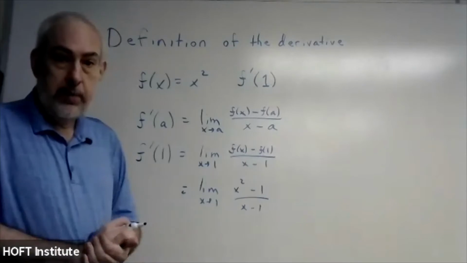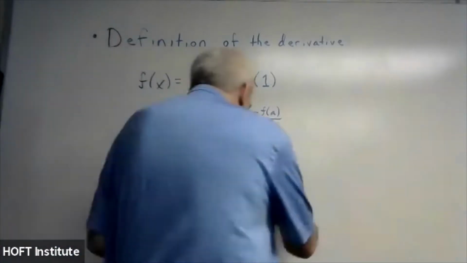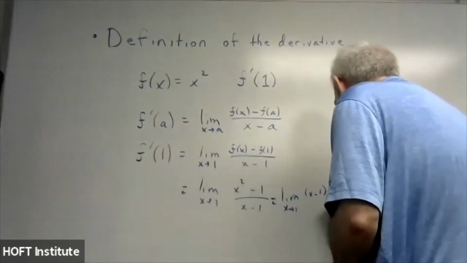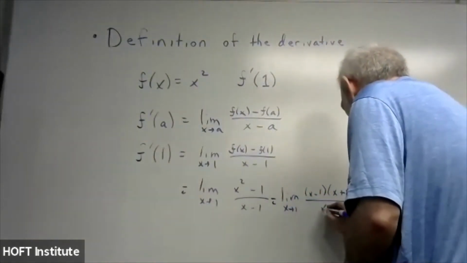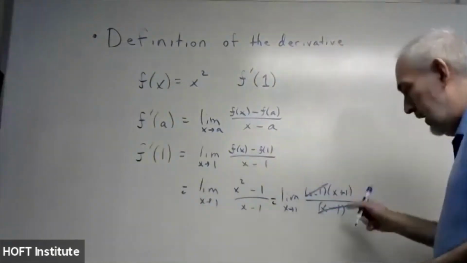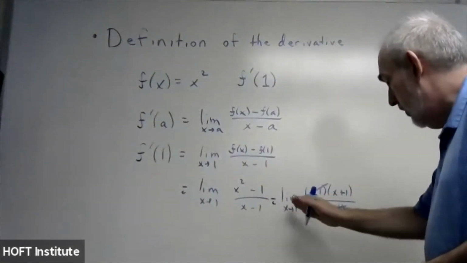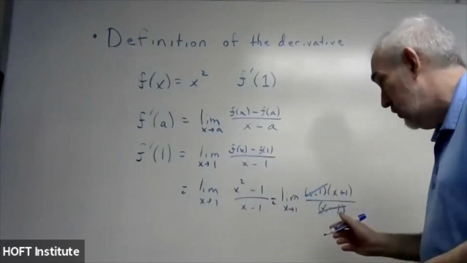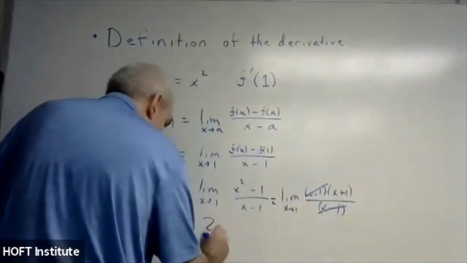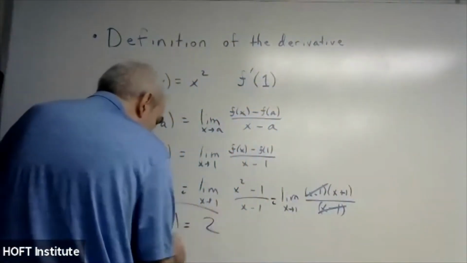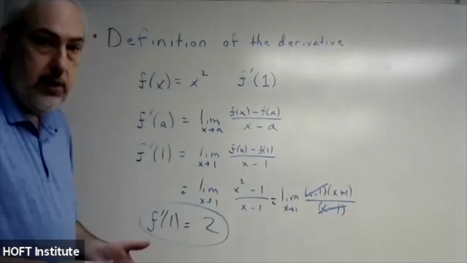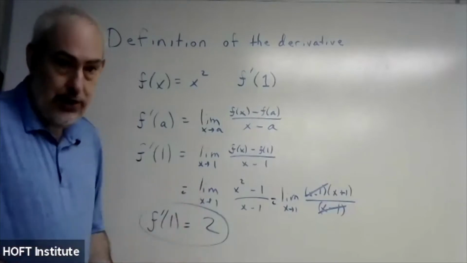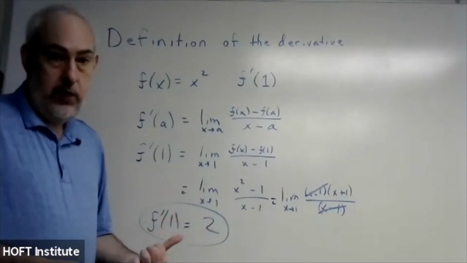Then you can cancel the x minus 1 on the top and bottom, just leaving the limit as x approaches 1 of x plus 1. So you plug in 1 because that's just a polynomial and you get 2. So we've just shown that the derivative of our function at 1 is 2, which is the same thing as saying the slope of the tangent line at x equals 1 is 2.